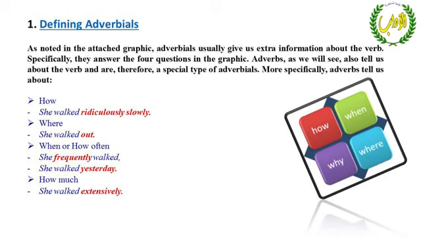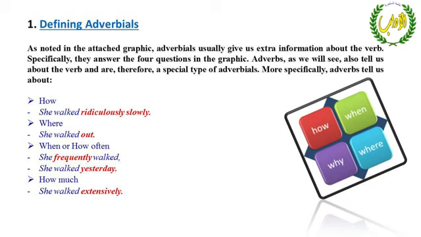As noted in the attached graphic, adverbials usually give us information about the verb. Specifically, they answer the four questions in the graphic. Adverbs also tell us about the verb and are therefore a special type of adverbial.